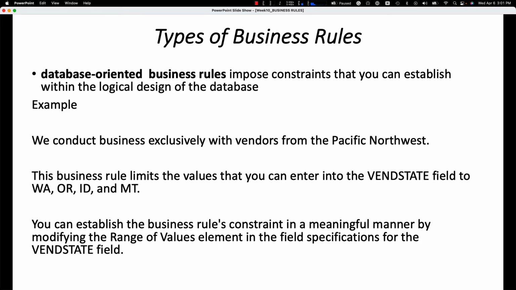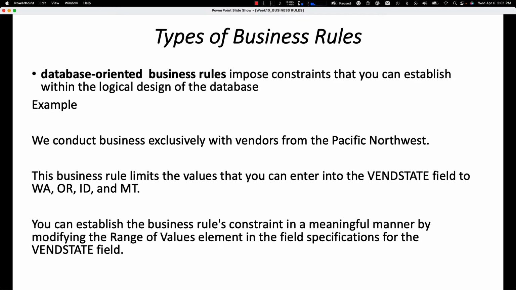And it's a whole lot better if you can put those kind of constraints in your database than it is if you have to stick them in every application program, because if you've got 5 applications that are going back to VIN state, when somebody decides that they're going to start dealing with California, you've got to go find all the programs, and much panic arises when you're in those kinds of situations.